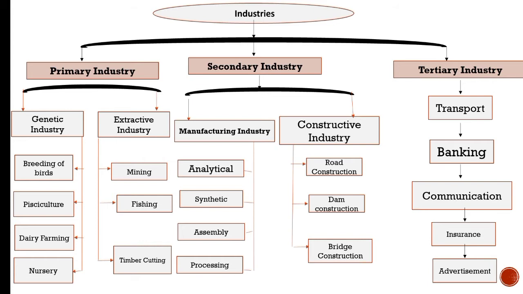Secondary industry includes manufacturing and constructive industry. Manufacturing industry includes analytical, synthetic, assembly and processing industry, whereas constructive industry includes road construction, dam construction and bridge construction. Tertiary industry includes transport, banking, communication, insurance and advertisement.